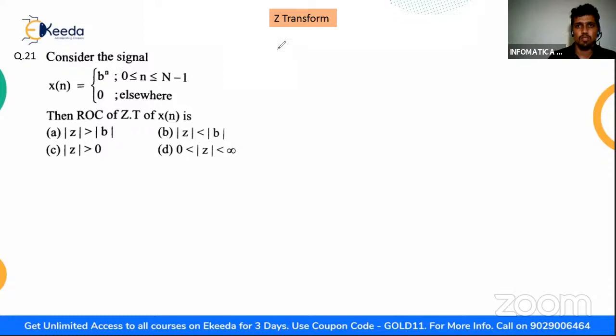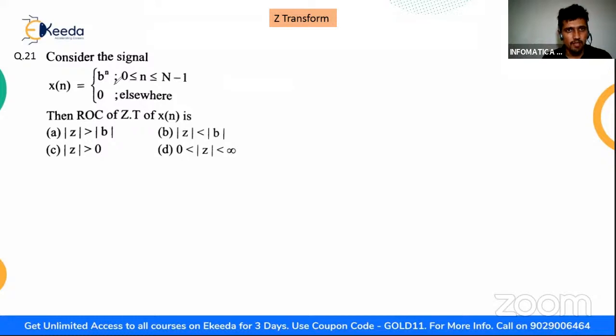So now we have moved to the Z transform. What it is saying: consider this signal, the ROC of Z transform. For Z transform, we know this is basically a finite duration signal or sequence.